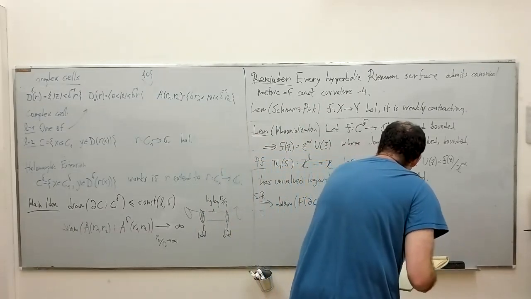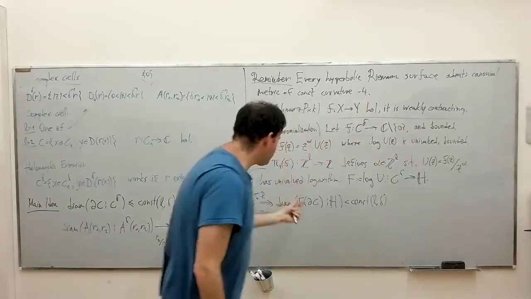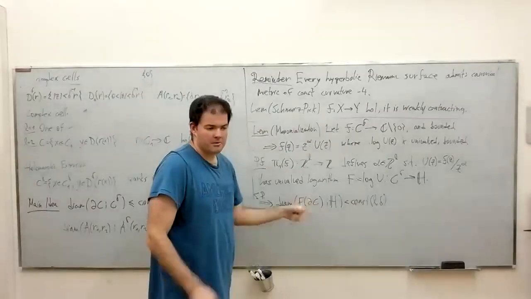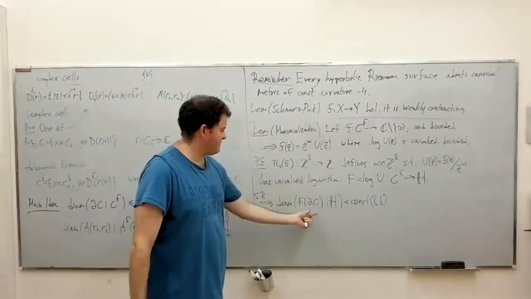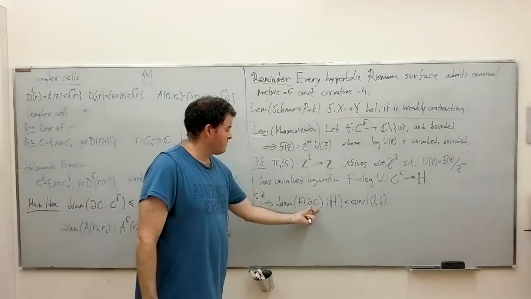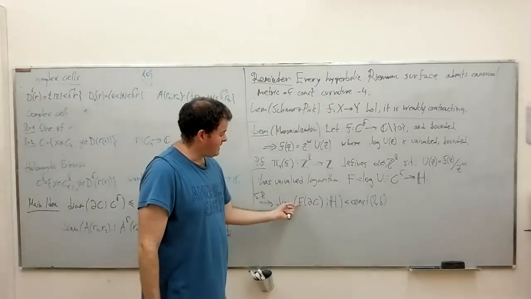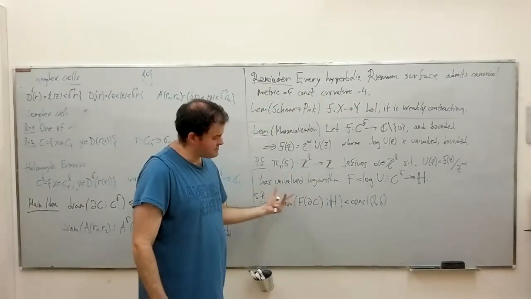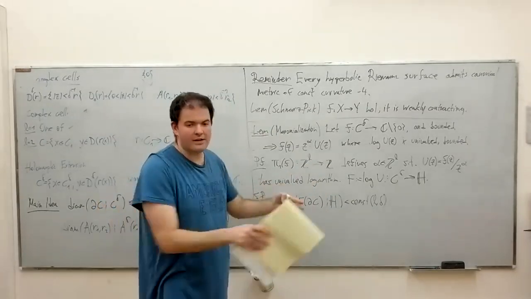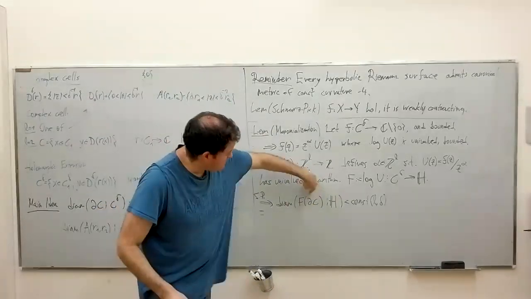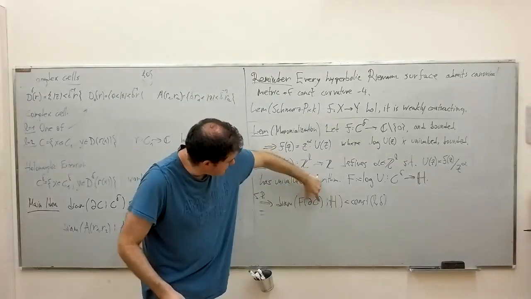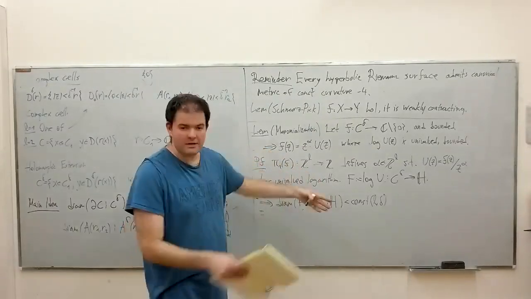This is because I said that the boundary has a bounded diameter in C, and now I'm applying the map F. Schwarz-Pick tells me that the map F is only contracting the distances. So if the boundary has bounded diameter, then after you apply F, the diameter can only go down.